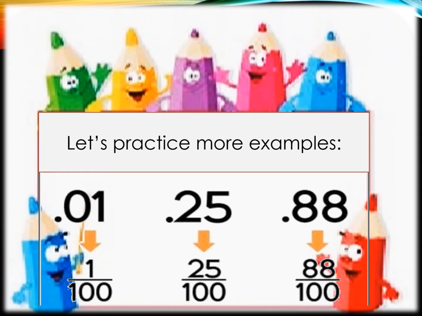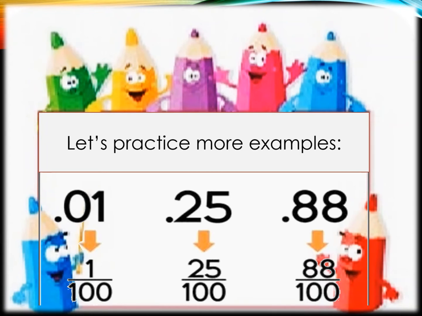Now let us practice more examples. Like 0.01, point at two places, so we shall add 2 zeros, that is 1 upon 100. 0.25, how many decimal places are there? There are 2 decimal places, so we shall add 2 zeros while writing it as a fraction, so it will be 25 upon 100.